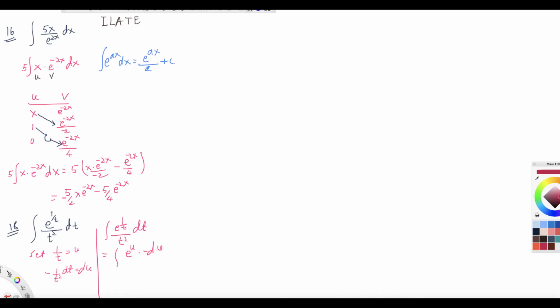Because e to the u times 1 over t squared dt will be negative du from here, right? So what do you get? It is negative e to the u plus c, because you pull that negative 1 outside, and what is left is e to the u du. What is the integral of e to the u? That is e to the u itself. So what is the final answer then? Negative e to the 1 over t plus c.